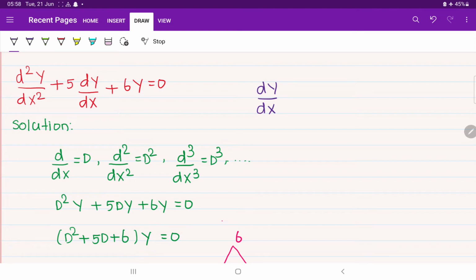Just for example, I am taking dy by dx. The numerator variable is called the dependent variable, and the denominator variable is called the independent variable. So, the solution for this function can be written as the dependent variable depending on the independent variable, y of x, that is the solution. We write the final answer equal to that.